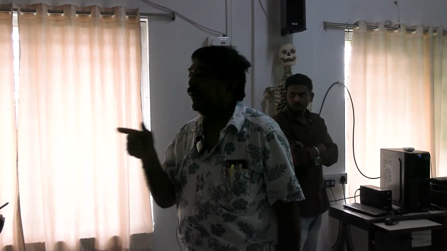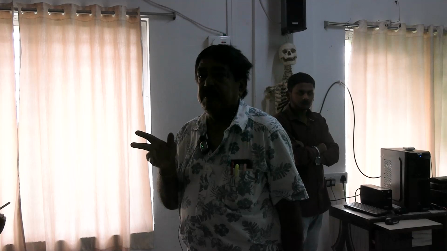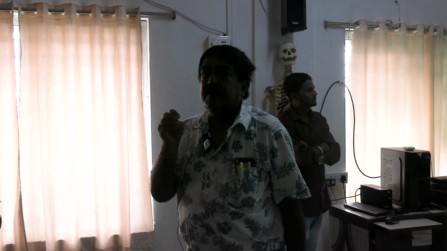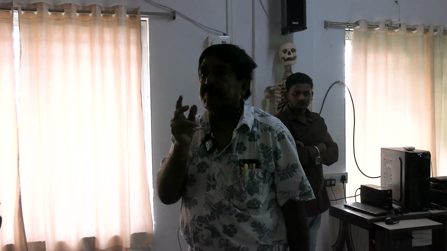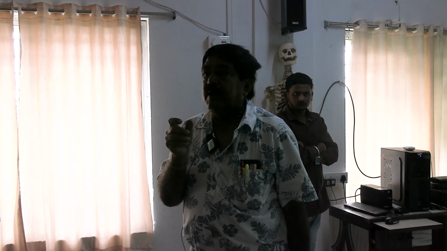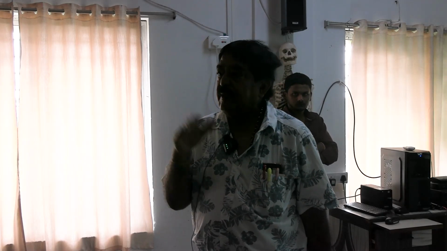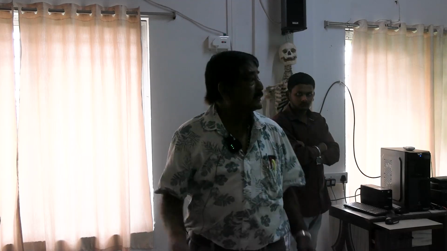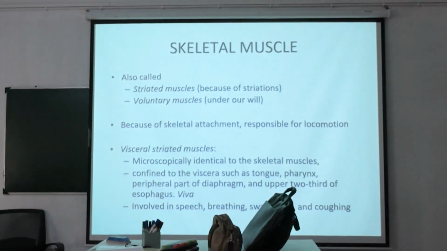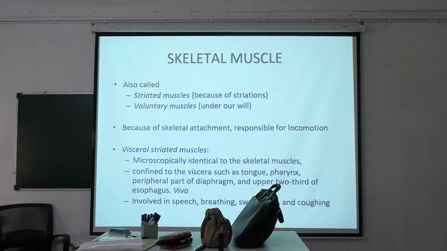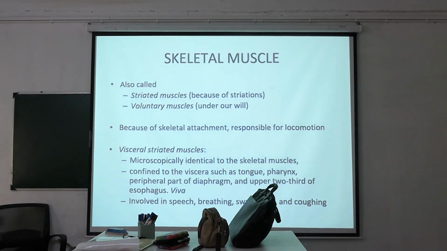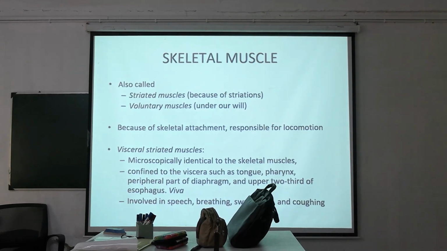Even the length of the tongue differs, and you can make different shapes. When we read the tongue, we'll again discuss. These muscles are involved in speech, breathing, swallowing and coughing.